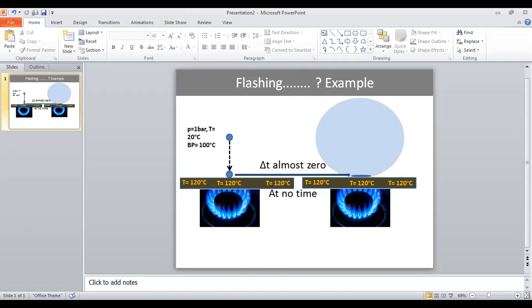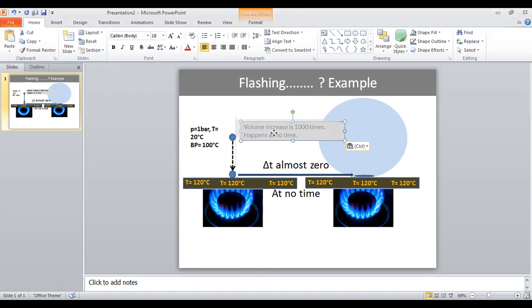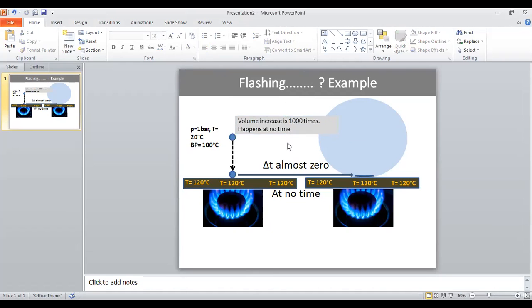If you consider volumes, the volume increases 1,000 times. Because when it comes to liquid and vapor densities, volume increases more than 1,000 times here.